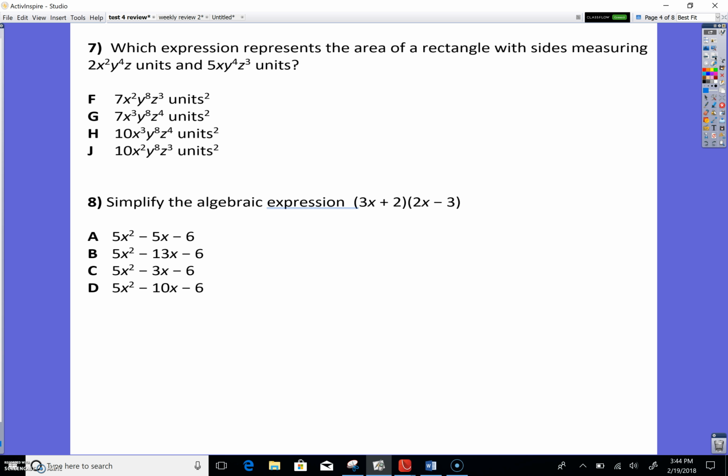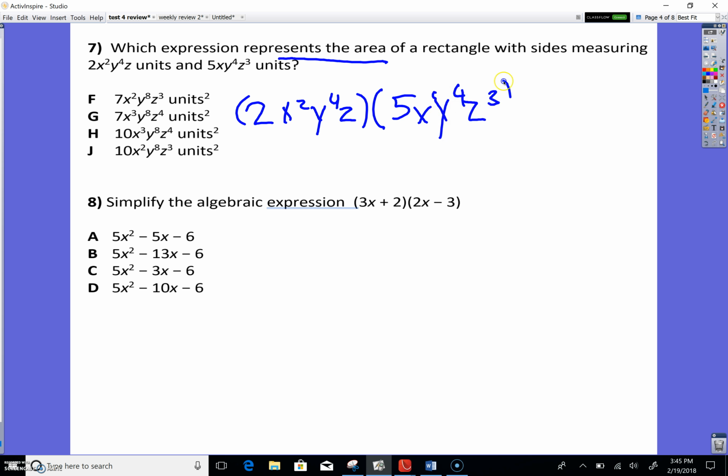Which expression represents the area of a rectangle with sides measuring? Okay. We're looking for the rectangle, so all we have to do is multiply these two things together. So I have 10, x to the third, y to the 8, z to the fourth, just using the product rule.